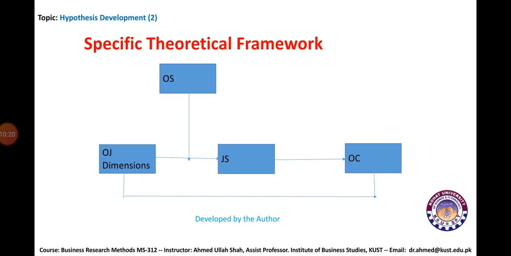It means that in large organizations, commitment of employees may be very high as compared to those organizations which have less number of employees or whose size is very low.